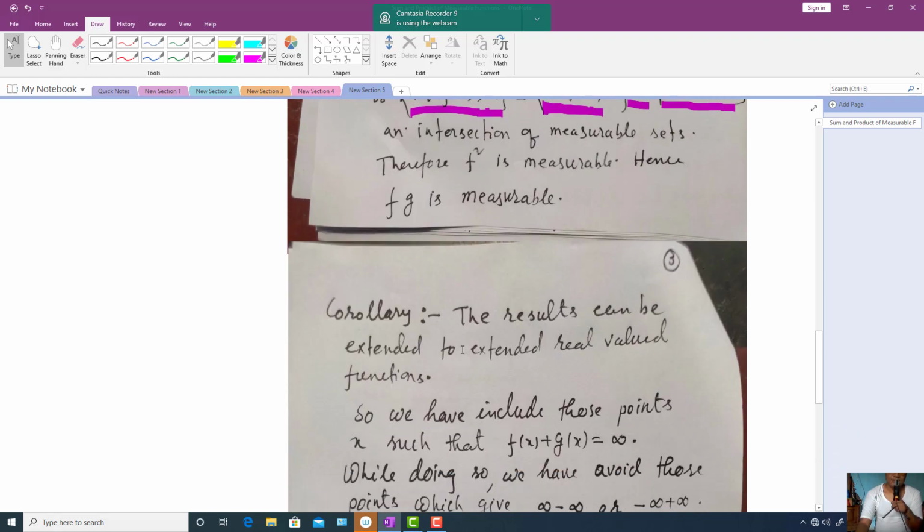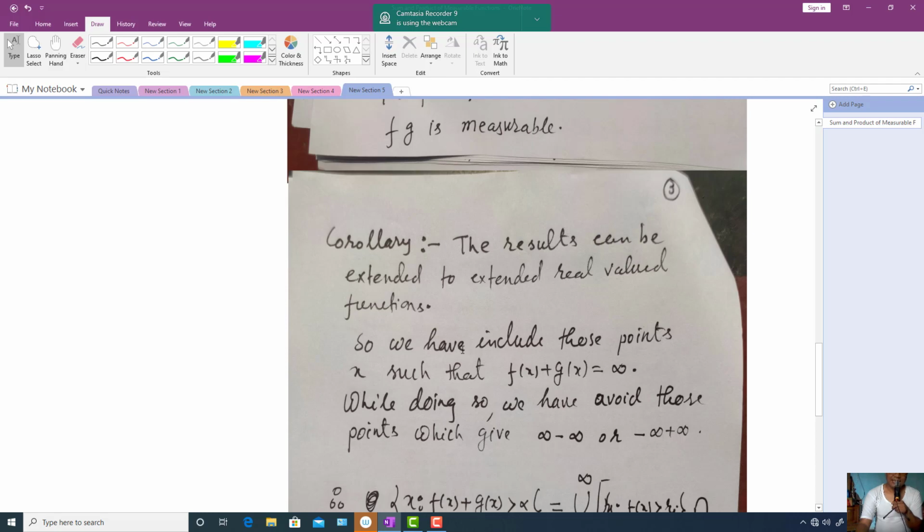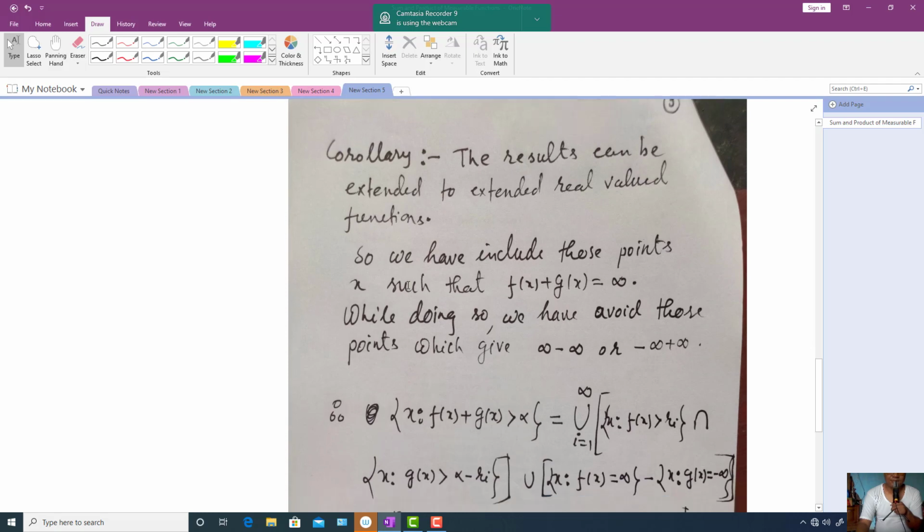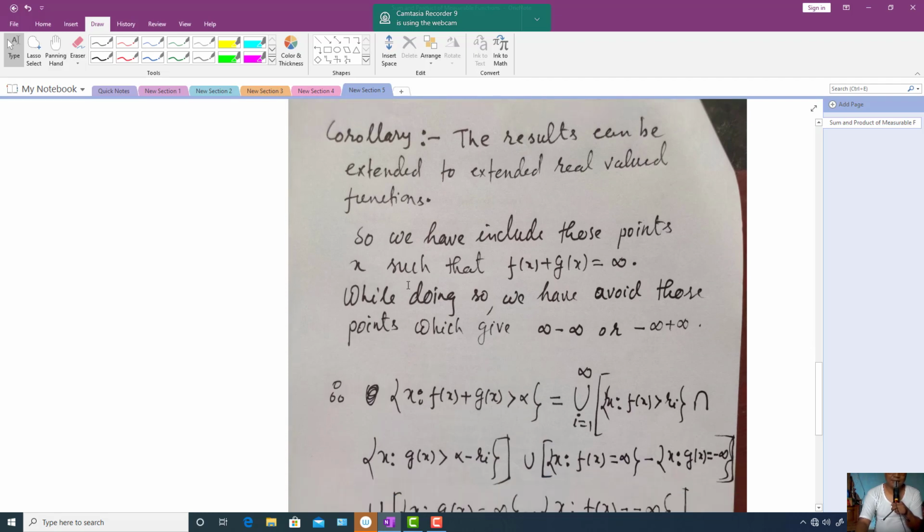All right, so now the corollary I told you about: let us extend the above result to extended real valued functions. That means the function can take values positive infinity and negative infinity also.